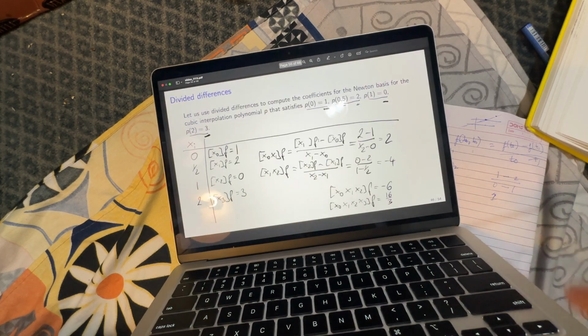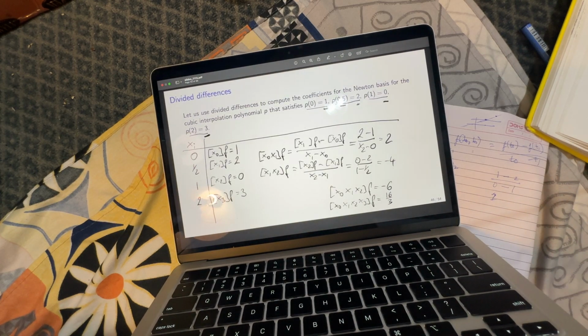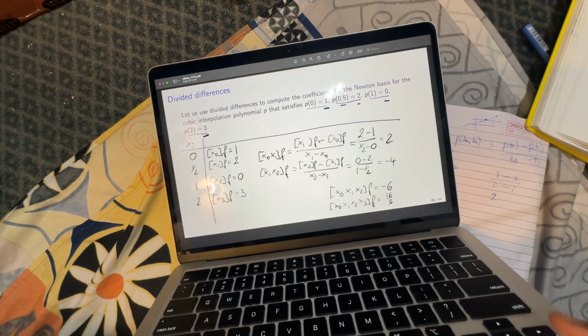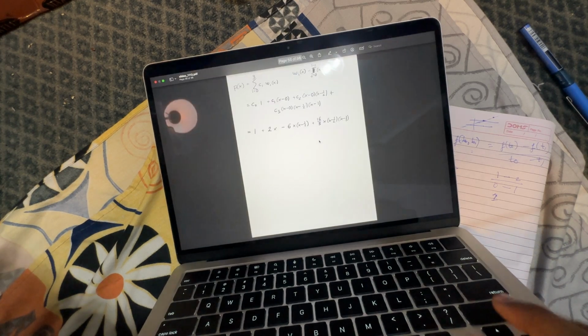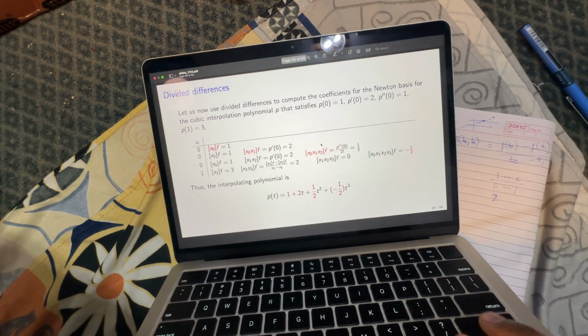This I understand, divided difference I understand. Why do the divided differences follow this property? Just assume that they do. I don't care about that.